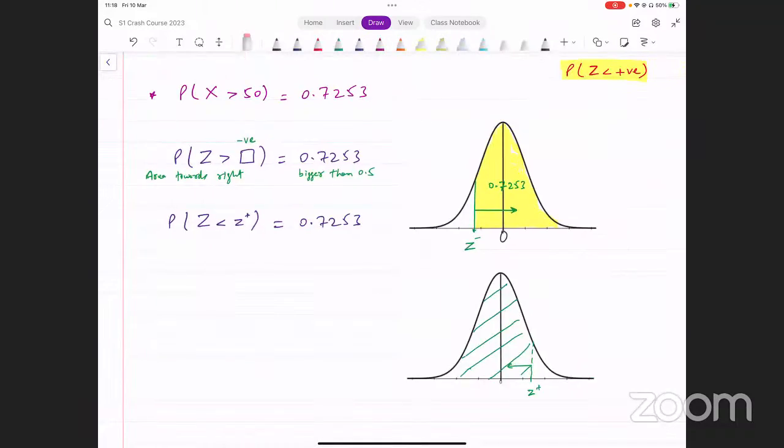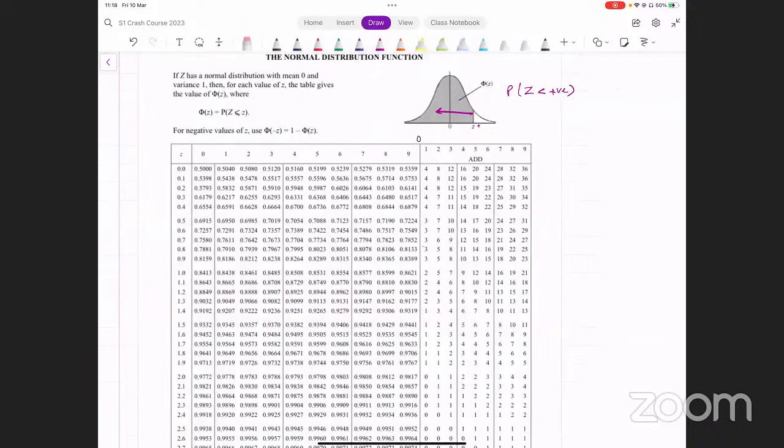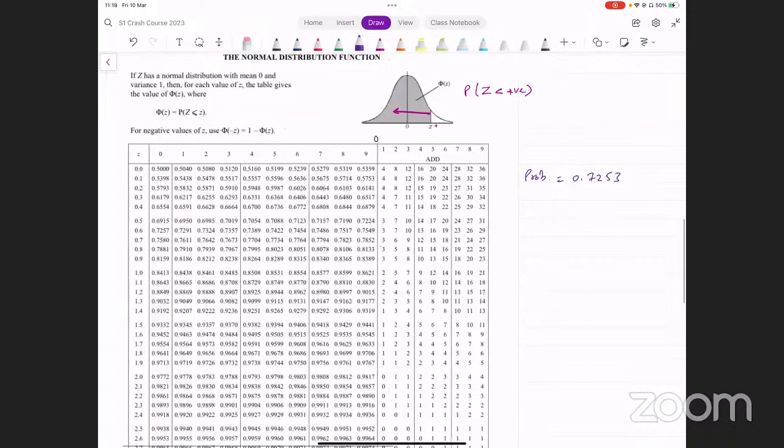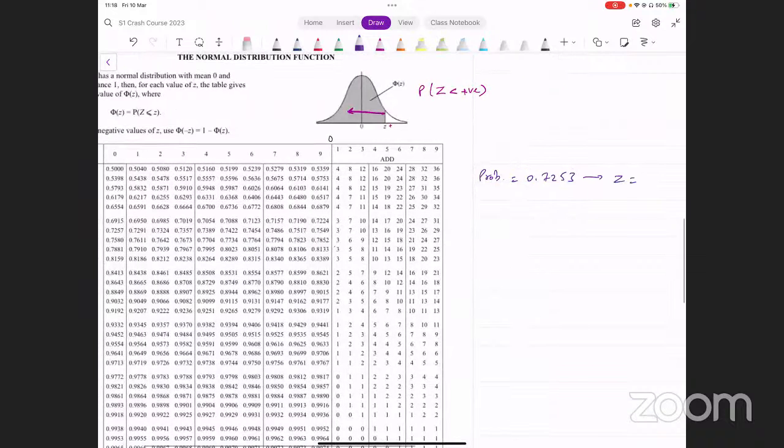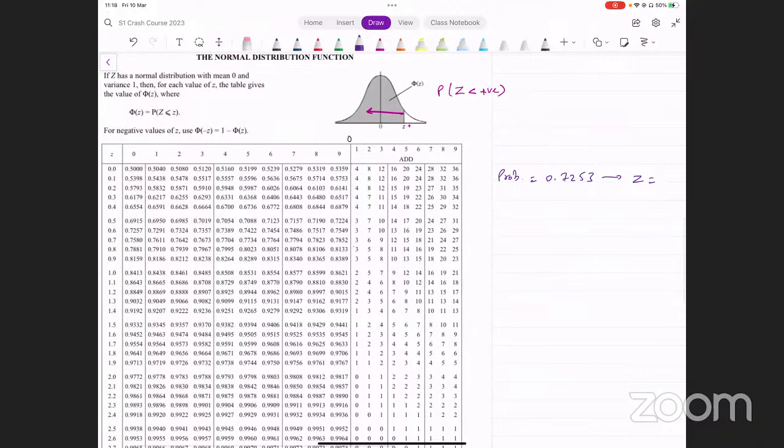The probability is 0.7253. We need to find the corresponding value of z for this. We don't have 7253 here, but we have this as the smaller value to that. Right? The next value is bigger than 0.7253. So we take the value that's immediately smaller than that.